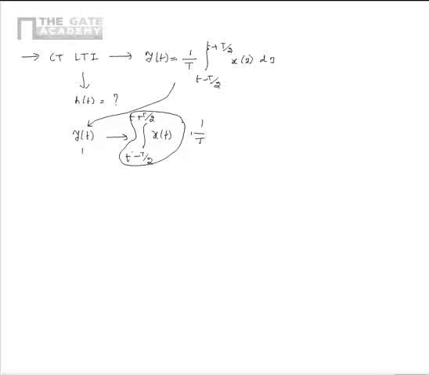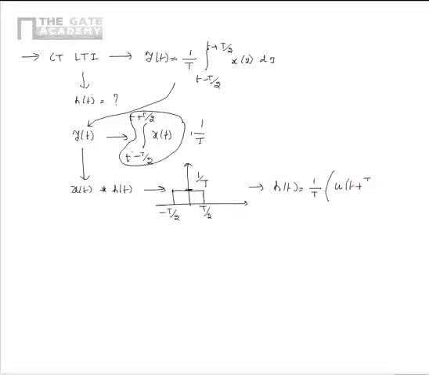From this we can see that y of t is actually a convolution of x of t and h of t, where h of t is a pulse of width capital T, means it is present from minus T by 2 to plus T by 2, and the pulse is of height 1 by T. From this we can say that the impulse response of the system is h of t is equal to 1 by T multiplied by u of t plus T by 2 minus u of t minus T by 2.